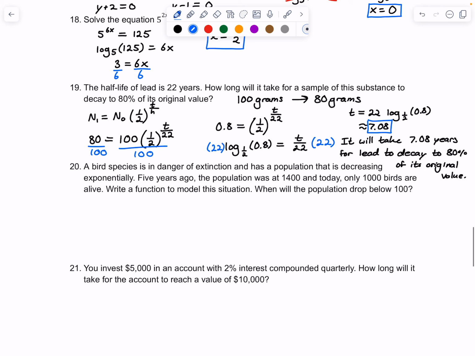All right. Number 20. We've got a bird species which is in danger of extinction and has a population that is decreasing exponentially. 5 years ago, the population was at 1,400, and today only 1,000 birds are alive. Write a function to model this situation.